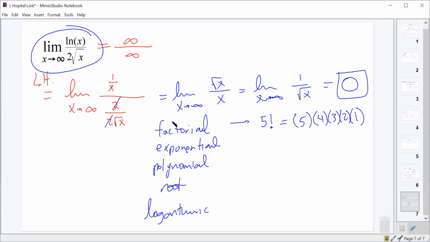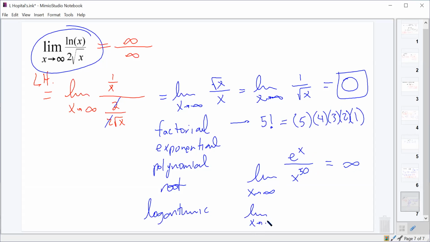So if the thing in the denominator grows more quickly than the thing in the numerator, right, a root grows more quickly than a logarithmic, it should tend towards 0. But if I had something in the numerator, if we're going towards infinity, that grows more quickly than the thing in the denominator, then this should go towards infinity because the top is growing more quickly than the bottom.